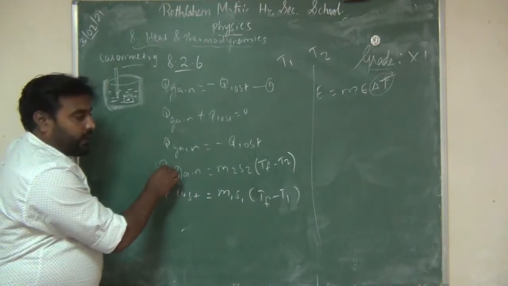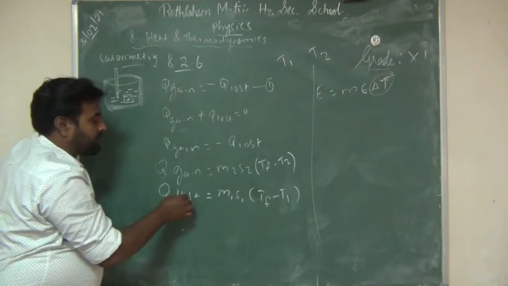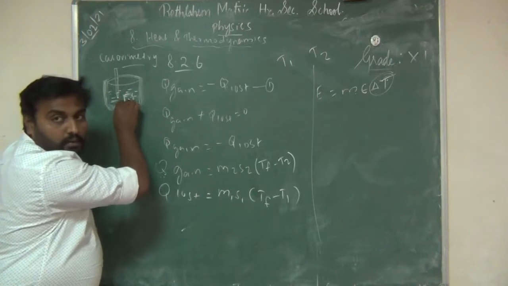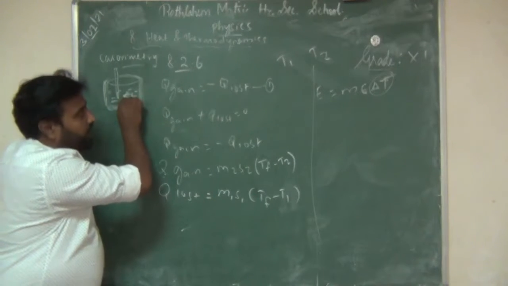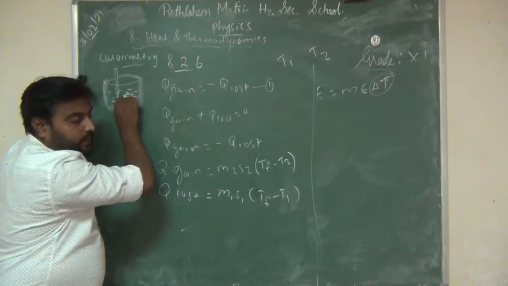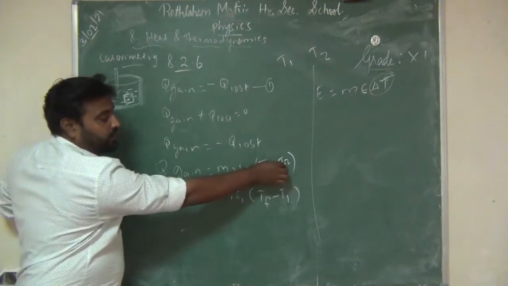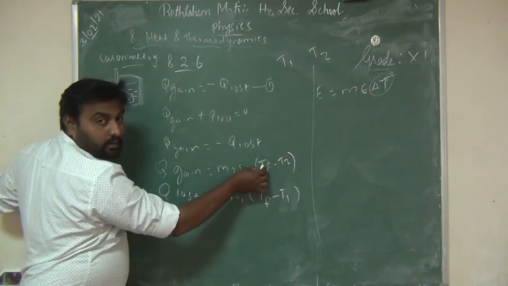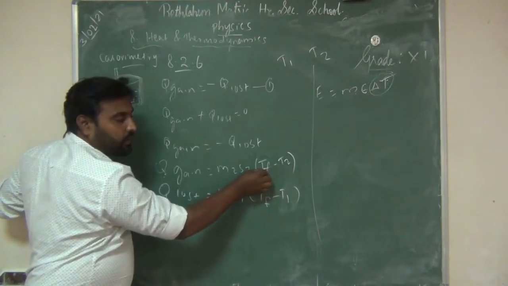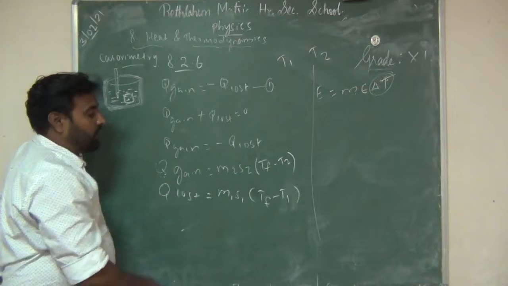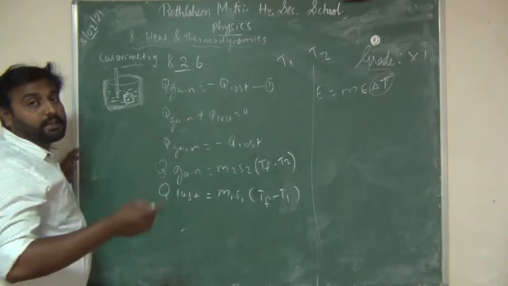Heat is gained by the cold water, and heat is lost by the sample. The sample temperature we considered as T1, and the cold water temperature as T2. If we subtract T2 from the final temperature, we get how much the water gained.